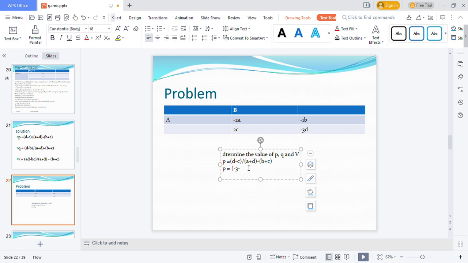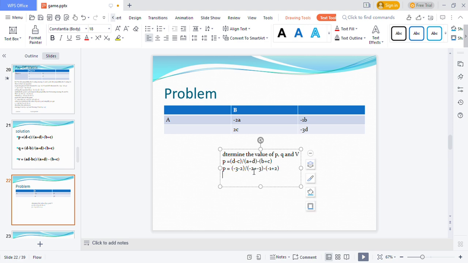C is 2. You close the bracket, then you divide by, open the bracket, A is negative 2 plus D, which is negative 3, you close the bracket, minus, open the bracket, B is negative 1 plus C is 2, you close the bracket.